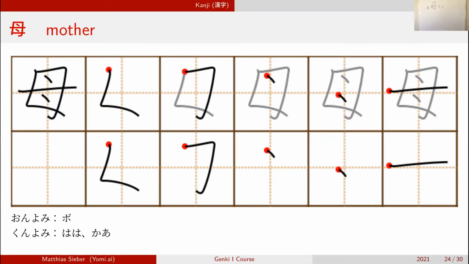With o before the kanji and san afterwards, it becomes okaasan, which can be your mother, or somebody else's mother.